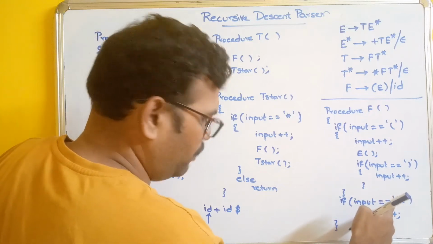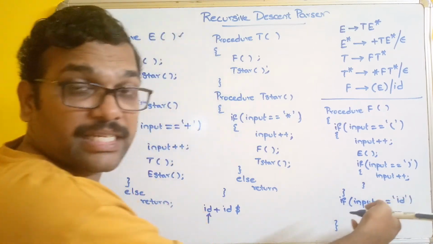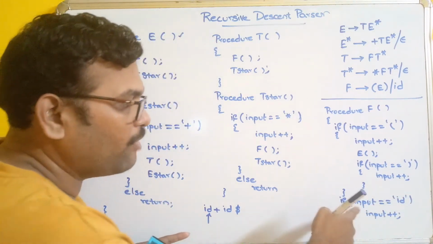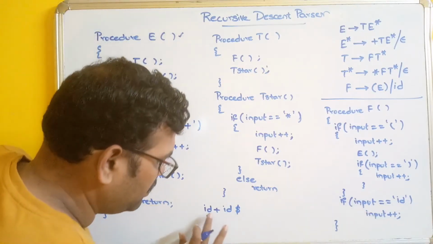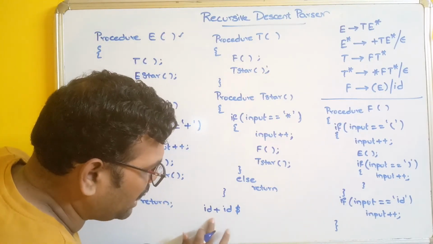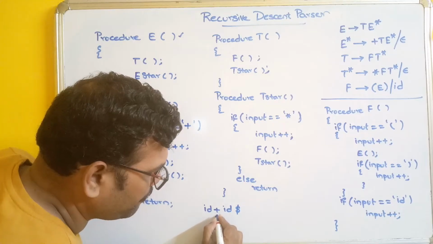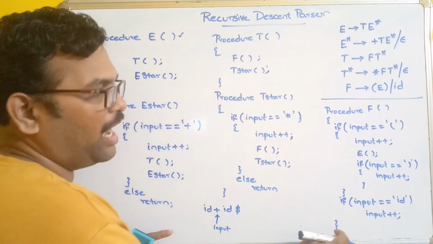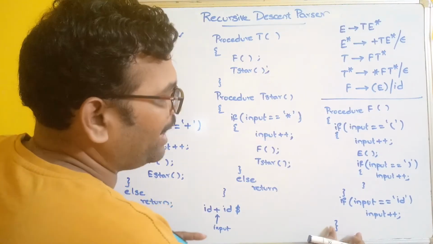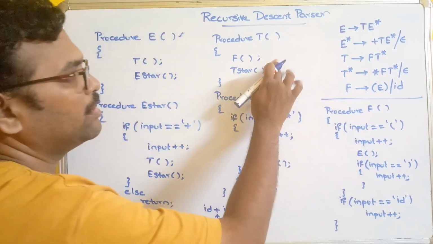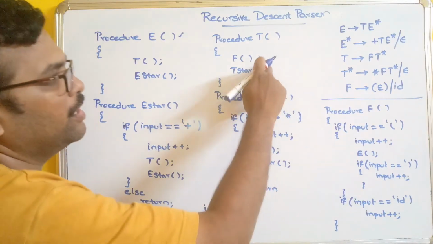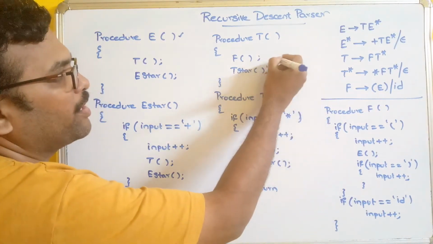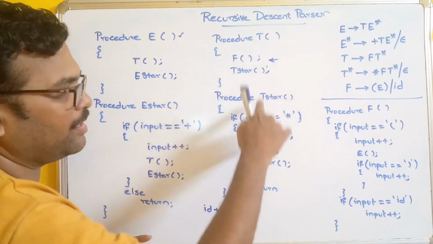Now if input is equal to left parenthesis, but the input is id here. Initially the input is id. So this condition is false. Automatically it will come out from this condition and it will check for this condition. If input is equal to id, yes, true. Then what we have to do? Input plus plus. So this will be incremented to the next symbol. After ending this one, from where it was called? Here. Okay, from here it was called. Now the control will come back to here. Now T star here.